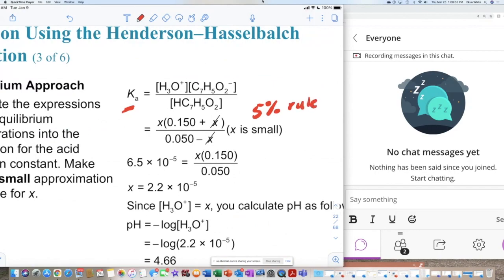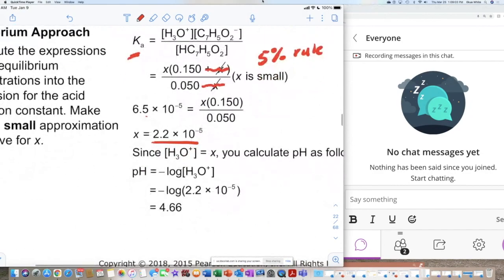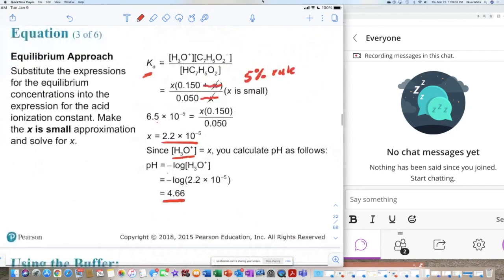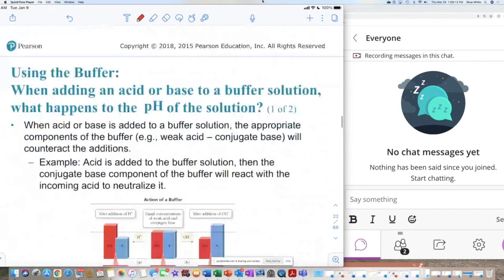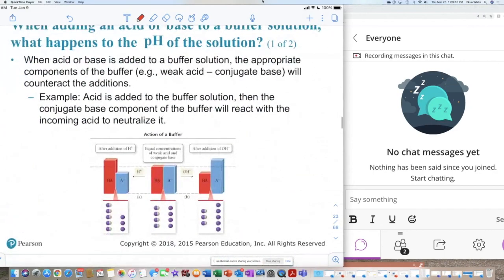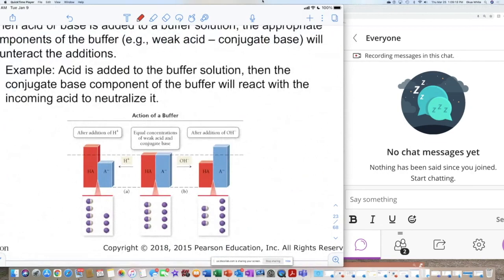Decide that the rule passes, because you see how they round off this part and that part to simplify. Solve for x, and then once you have the value of x, take the negative log of that and you get 4.66. So either method should work. I didn't want to work that out step by step because it takes a longer time. This is just showing you what I showed you guys before, how the buffer works.